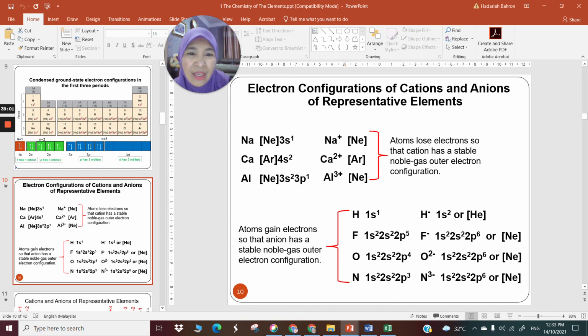So losing the electron of the 3s1 will make sodium plus. Losing the electrons of the 4s2 will make calcium 2 plus, and losing all the outer electrons of aluminium, which is 3s2, 3p1, will make aluminium 3 plus to reach the configuration of a noble gas outer shell.